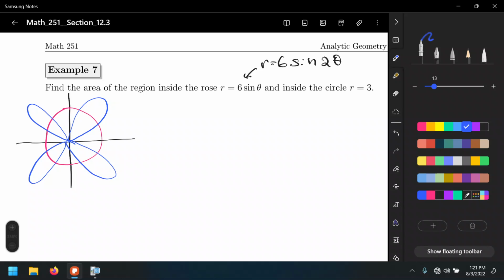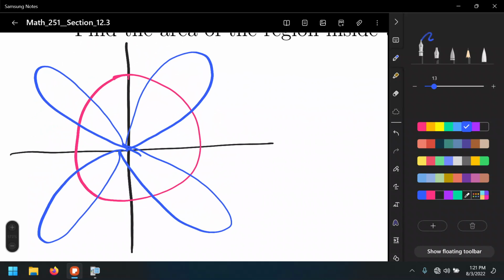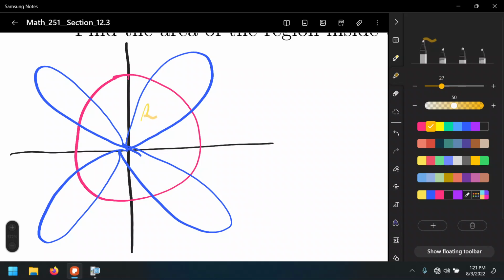And we want the area inside, so this is the area that we want. Let me zoom in a little bit, so you can see what we are really finding here. So we want this area right here.